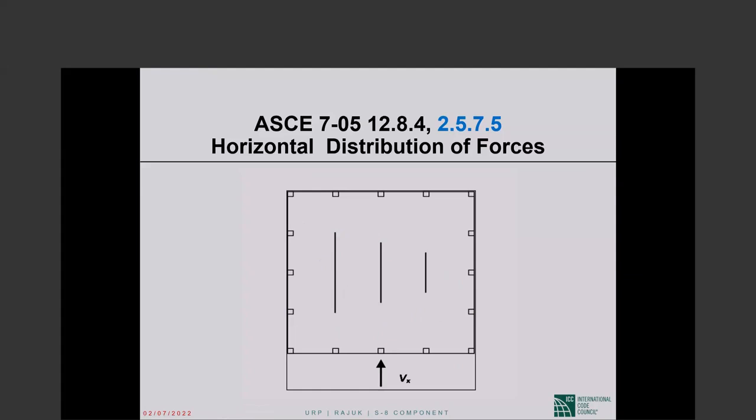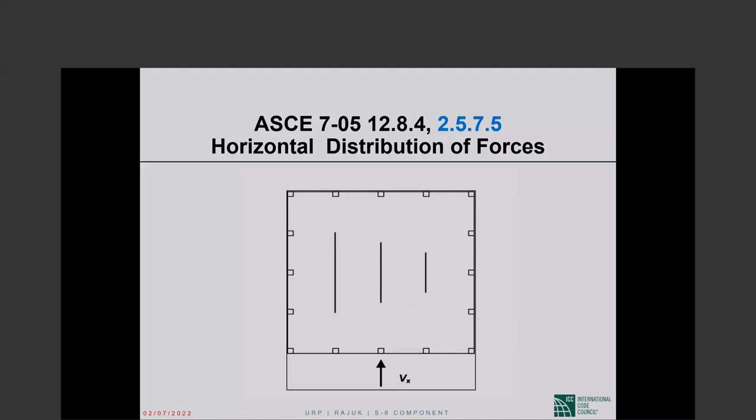Now what I said is true if the diaphragm is rigid, if the diaphragm does not deflect too much in its own plane. Rigid versus flexible diaphragm I will discuss on a subsequent occasion, not today, but it is very easy to understand. Diaphragm bends in its own plane, and if as a result of this bending it does not deflect much, it is a rigid diaphragm.